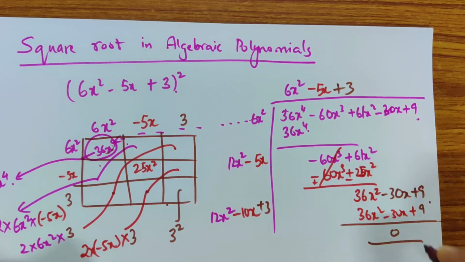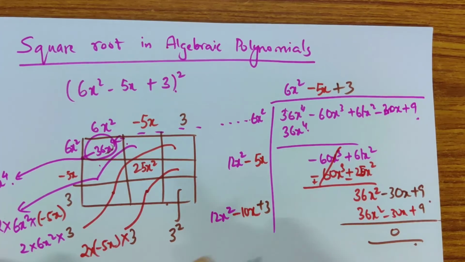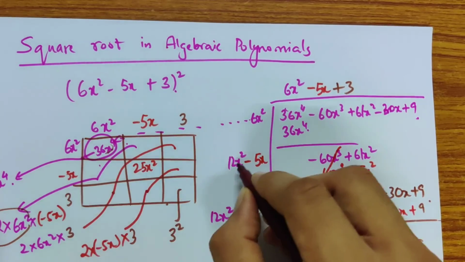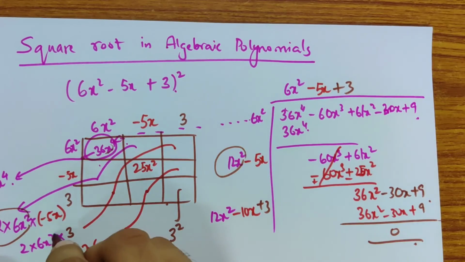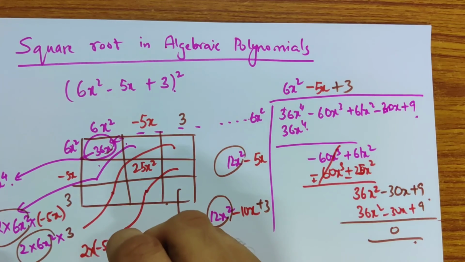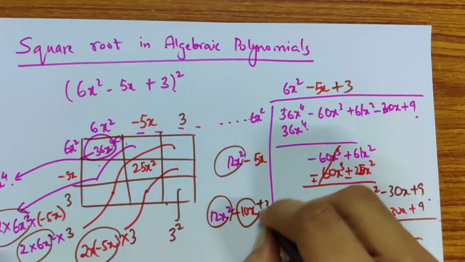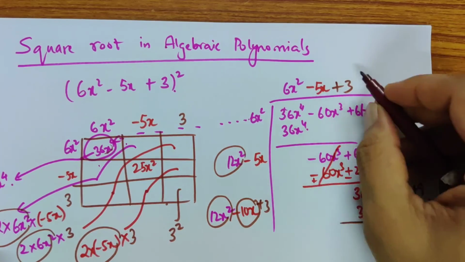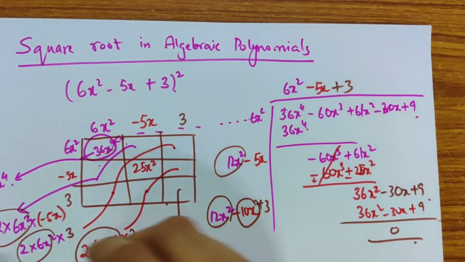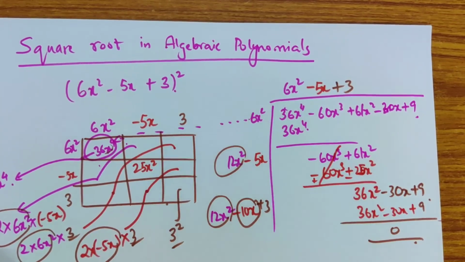And that's how you get the square root. So you can see all these terms: the double of this gives you your 12x squared, double of this gives you this 12x squared, 2 times negative 10x, which is this one, right? And the new term that got added, which is the 3's, which is this one, and this one.